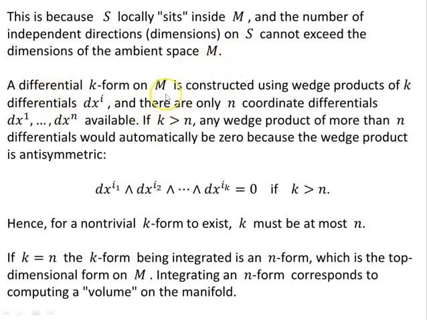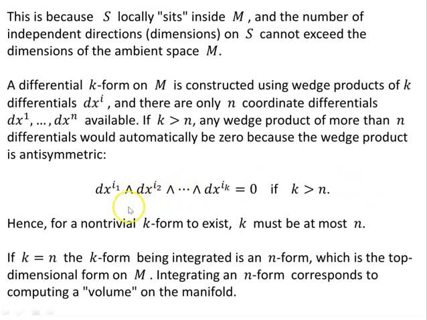A differential K-form on M is constructed using wedge products of K differentials dx_i. This is a K-form. And there are only n coordinate differentials, dx1 up to dxn, available. If K is greater than n, any wedge product of more than n differentials would automatically be 0 because the wedge product is antisymmetric. You've only got up to n.